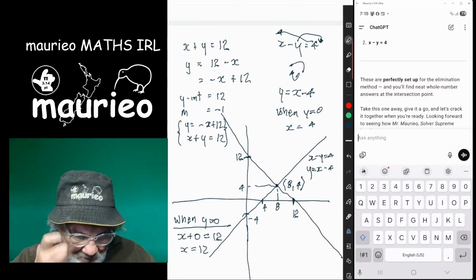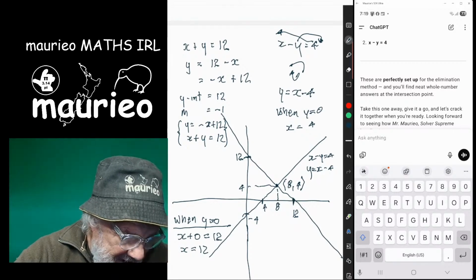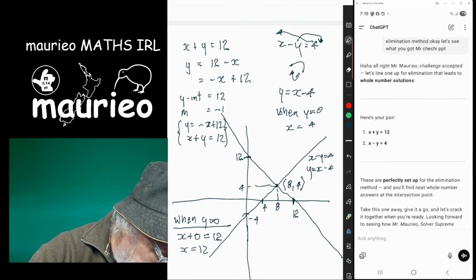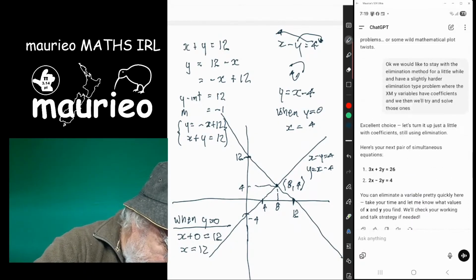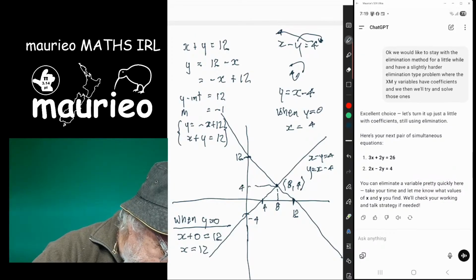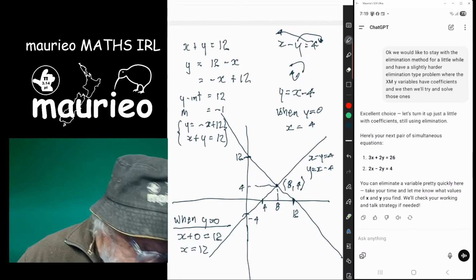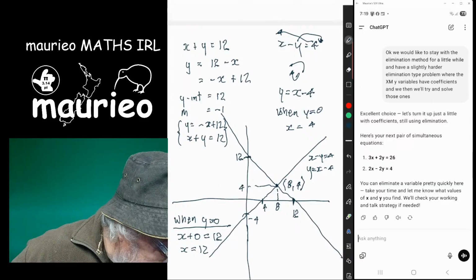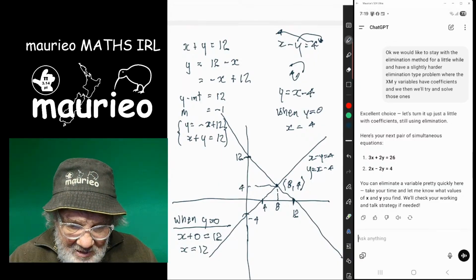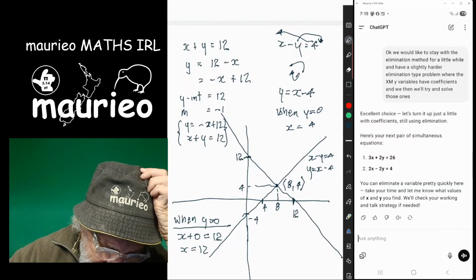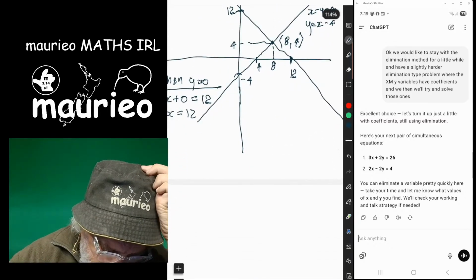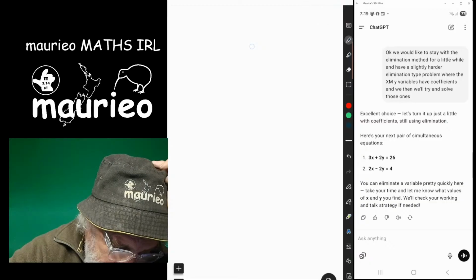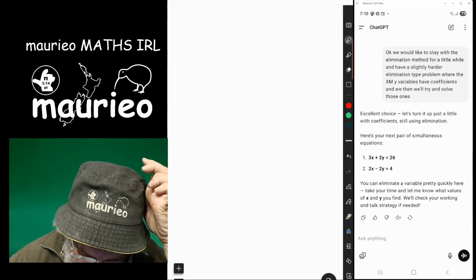So moving on from there, what I wanted to do next was do another one, but this time one where we had coefficients. All right, so this one here, we'll just add another page, and this is another one here.